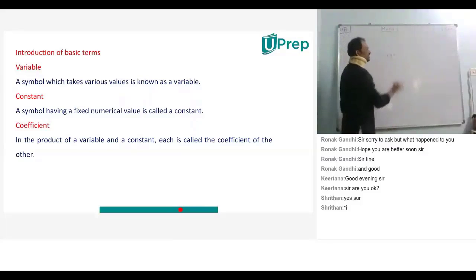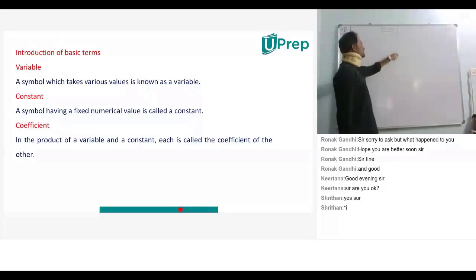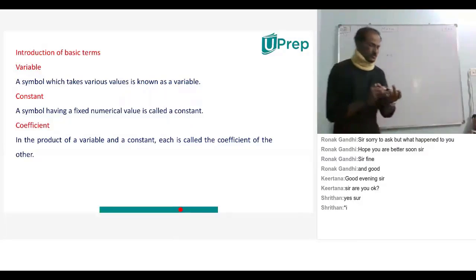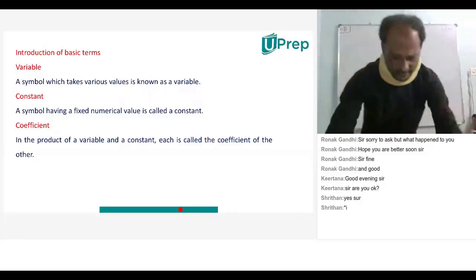What is the coefficient of x? 5yz. And what is the coefficient of the constant 5? xyz. If I ask, what is the numerical coefficient in 5xyz? 5, because it is the only numerical one present in the expression. So this is about the coefficient.